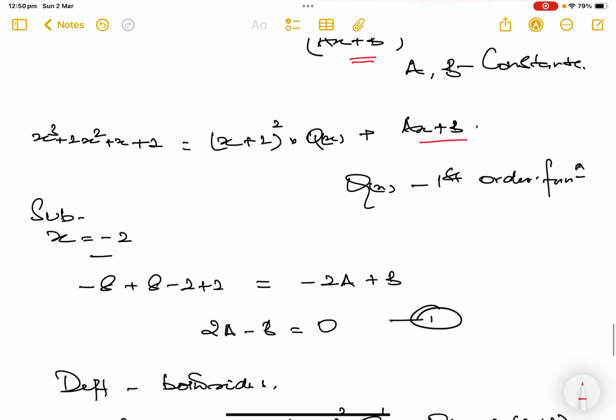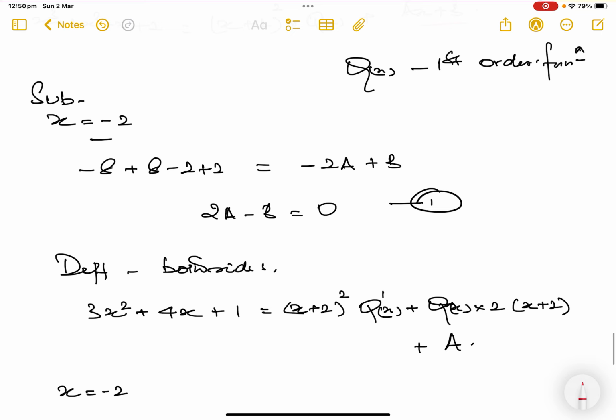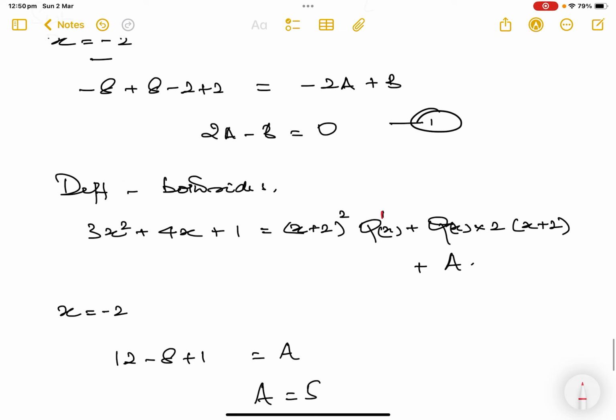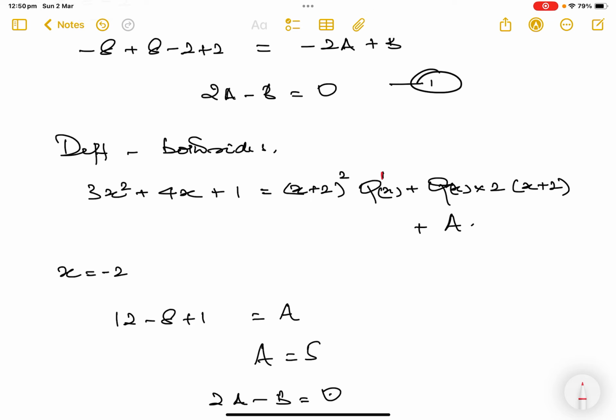The first part on the right is a product: x plus 2 squared times q dash, plus q(x) times the differentiation of x plus 2 squared, which is 2 times x plus 2, times the differentiation of x, which is 1. Then the differentiation of ax plus b is just a. Again we need to eliminate q, so if we apply x equal to minus 2, we don't need to worry about the q(x) terms.